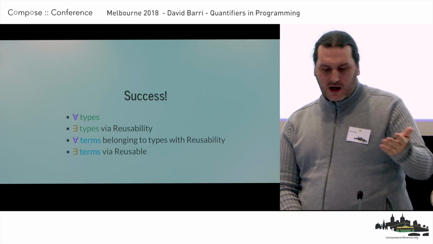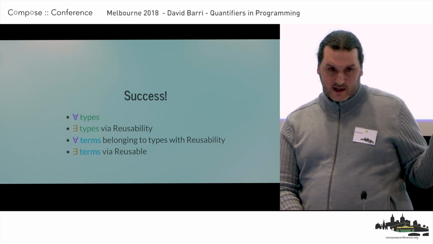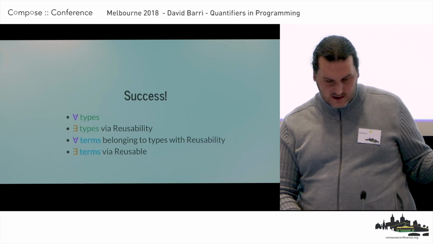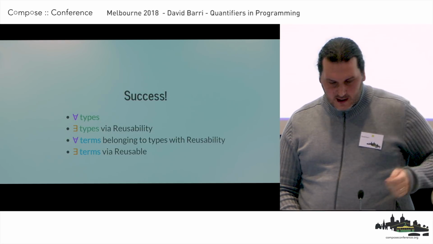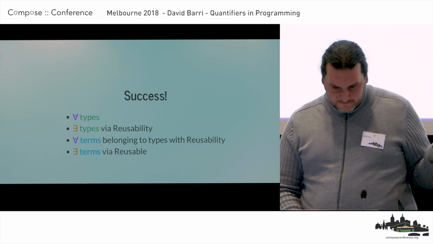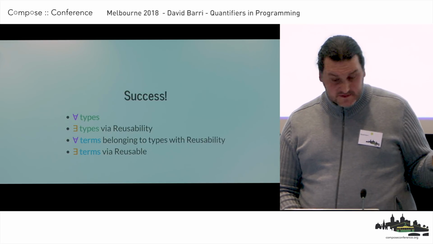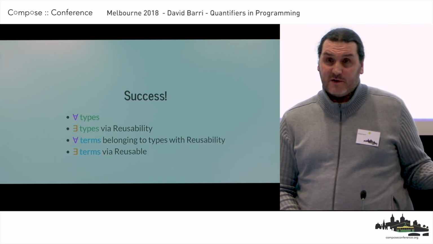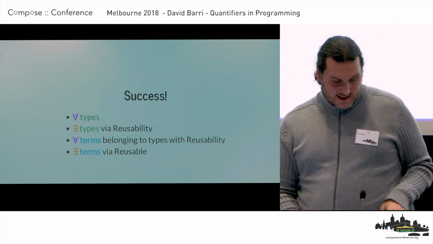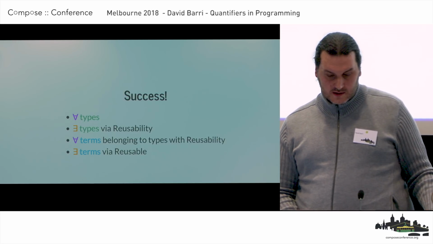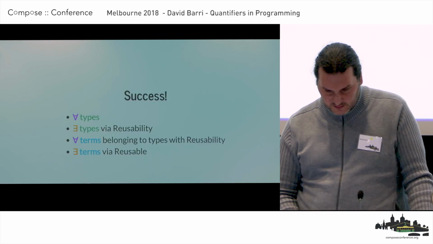So you opt in with types by declaring a type class instance. So there's just types such that they have reusability. We've solved it for all terms belonging to types that have reusability, and we've also got a means to solve this for certain terms and not others.